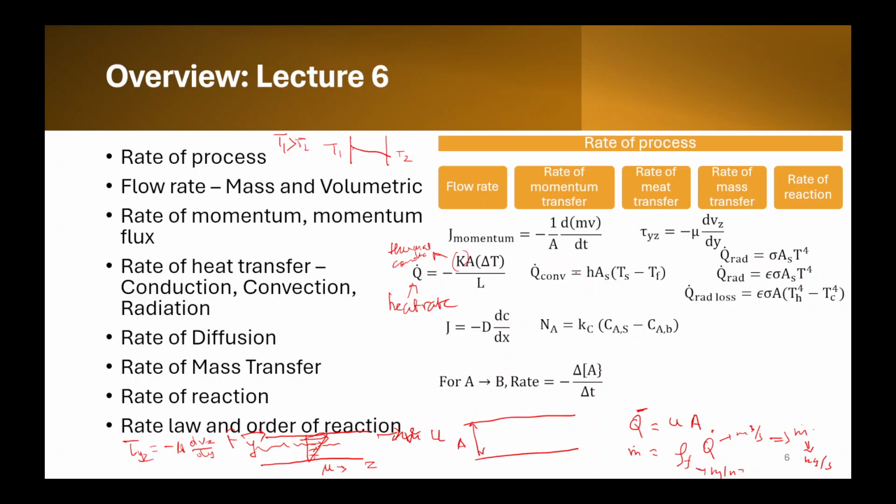Then the heat rate for convection is shown here. Suppose there is a surface maintained at some T1 and there is a fluid flowing above it, or it's stationary, maintained at T2, and suppose T1 is greater than T2. What will be the rate of heat transfer from this solid surface to this fluid? It is given by this convection heat rate. This is the heat transfer coefficient.